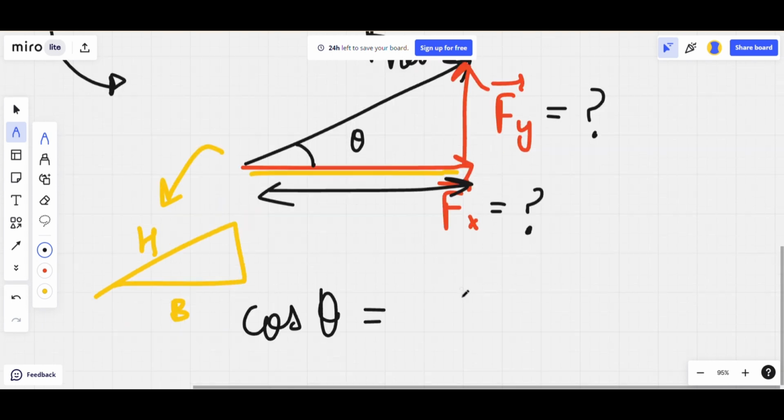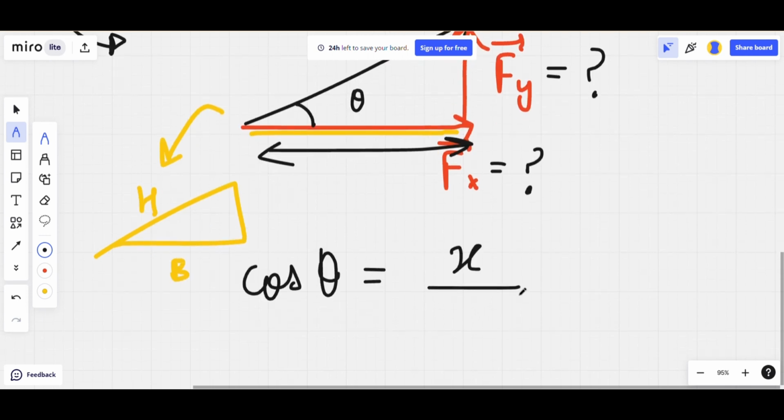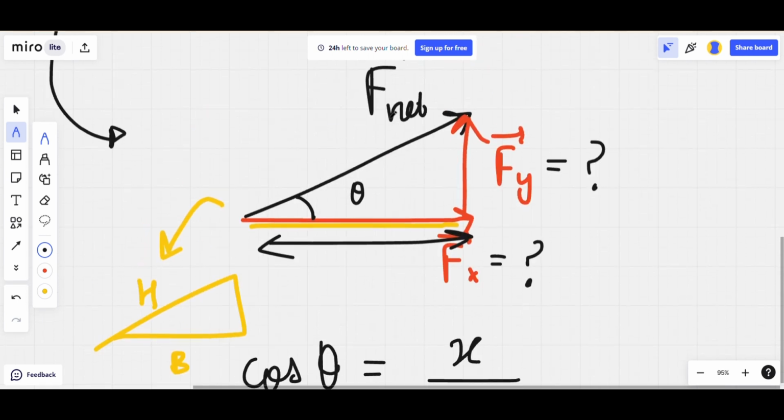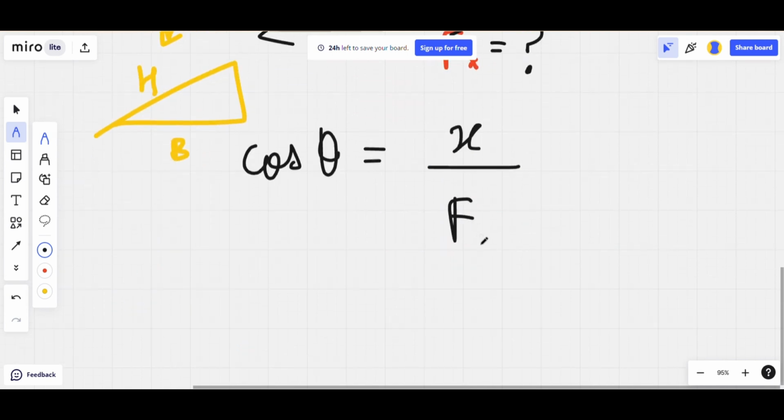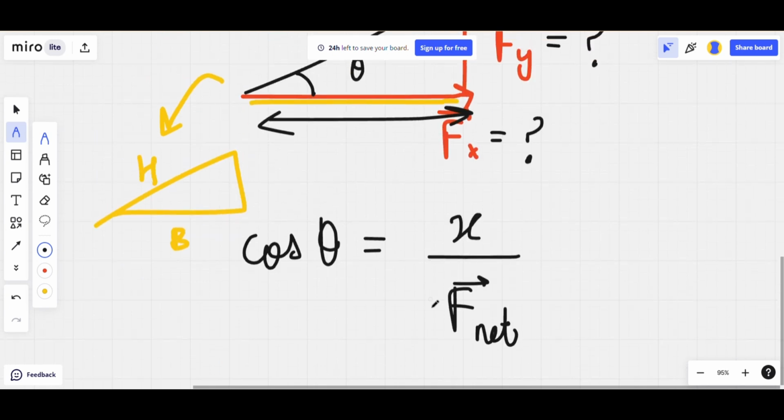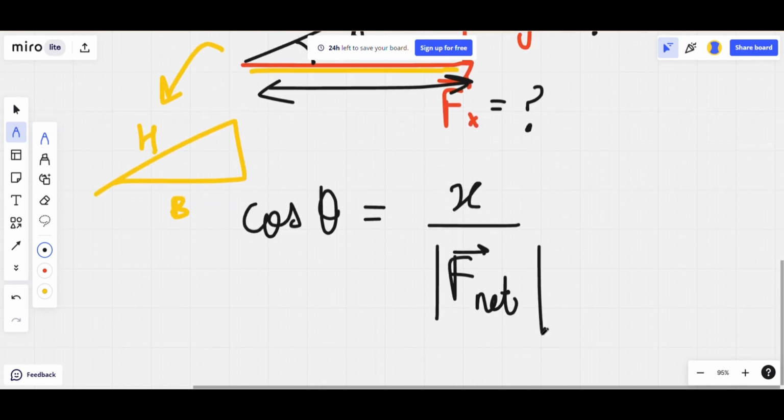So the x component of force divided by the hypotenuse, which is nothing but the overall force. And what are we talking about here? We're not talking about vectors, we're talking about their magnitudes.